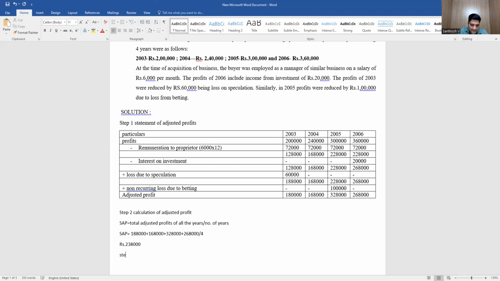Then step number 3, calculation of goodwill.